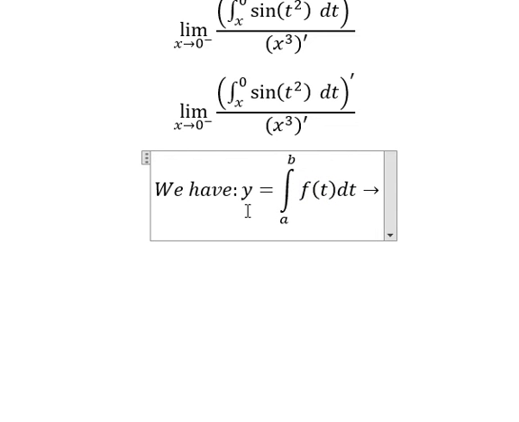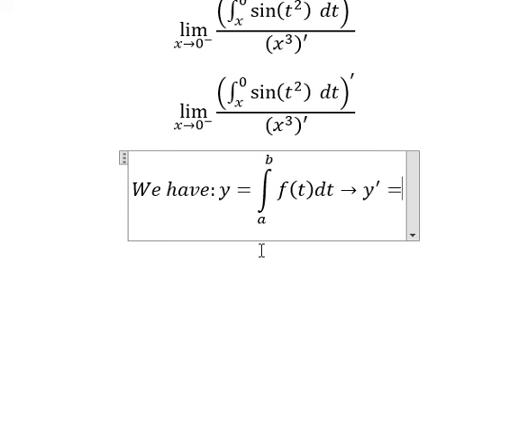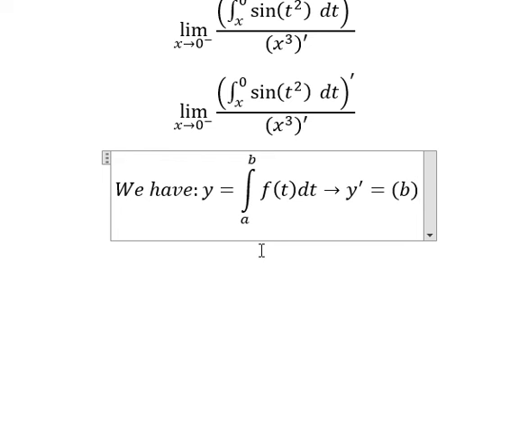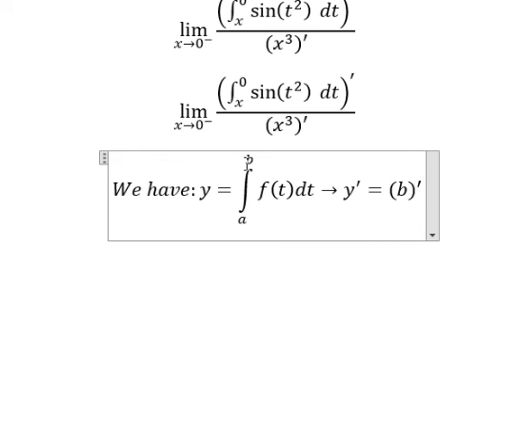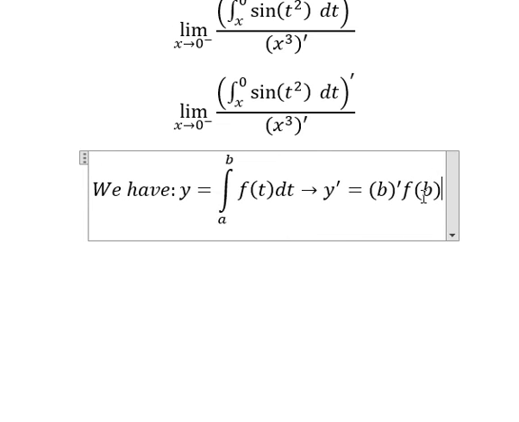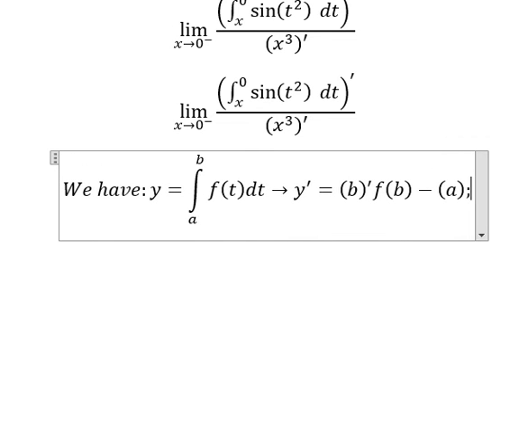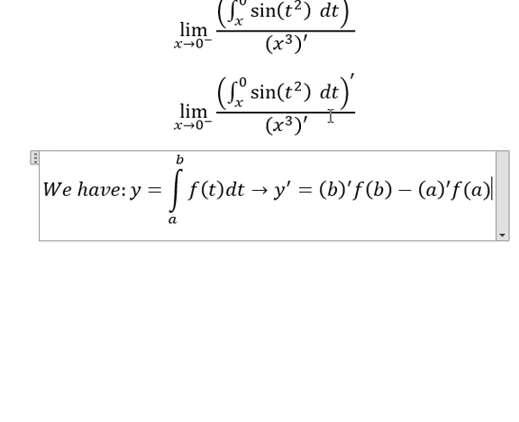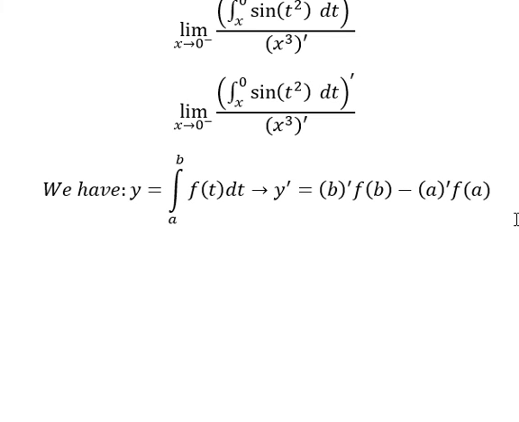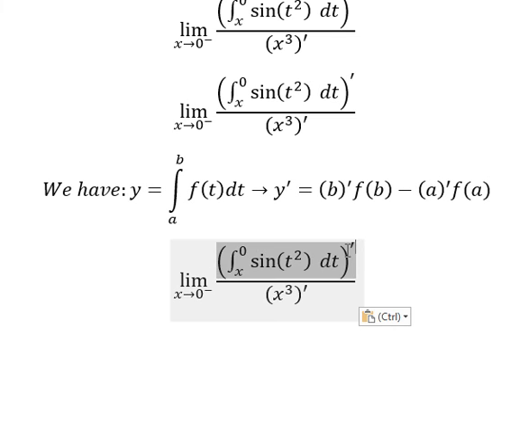If we take the first derivative of both sides, we need the first derivative of b, and the value of b will change to t. So we have f of b minus, we need the first derivative of a, and the value of a will change to t. Now we can apply the formula here.